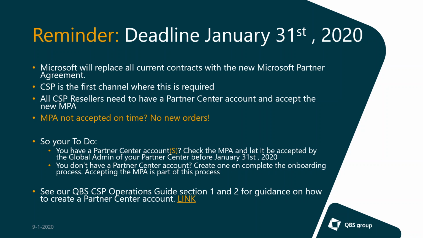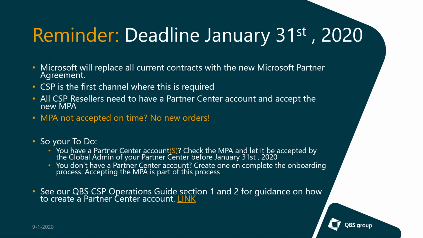If you need any help, please see our QBS CSP operation guide, especially sections 1 and 2, where we have added some guidance on how to create a Partner Center account. If that's not enough and you still need help, please reach out to our Partner Success Operations department.